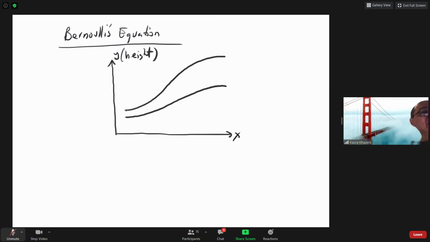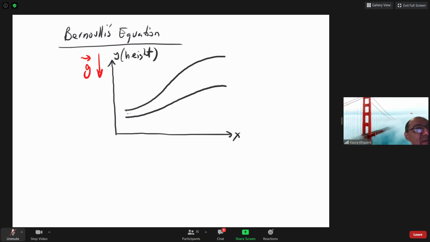And there is also a gravitational field in this situation. So we're pretty much looking at a pipe that's carrying a fluid, which is going up in the gravitational field to a different height. All right, so let's find out what those heights are.